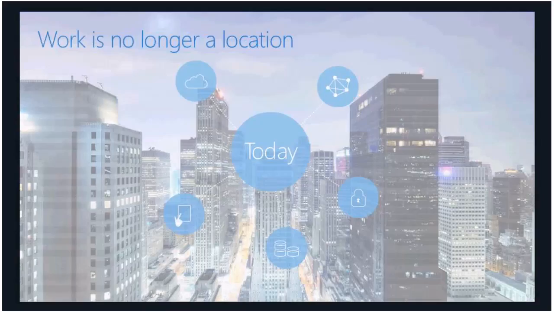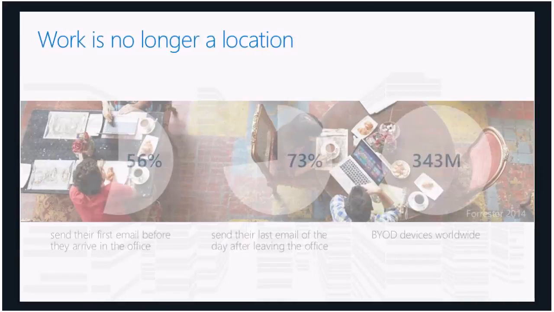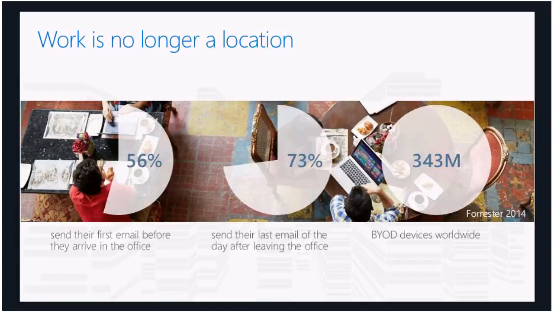There we go. So when we think about some of these statistics that we have, 56% of people send their first email before they even arrive at the office, and 70-80% of us send email after we've left the office. When we think about all these BYOD devices, we think about how we're going to secure these various environments.